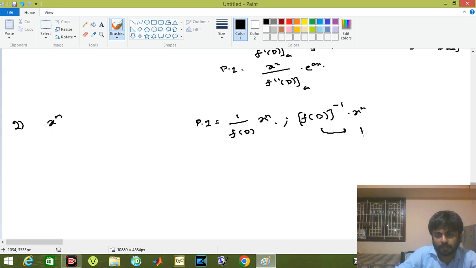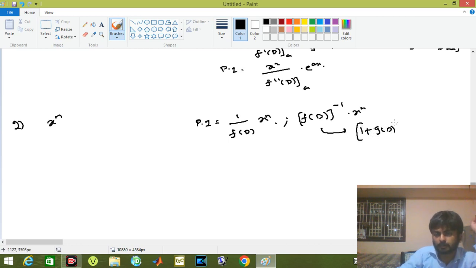This f of D should be 1 plus something, for example 1 plus powers of D, or 1 plus some more functions of D, 1 plus g of D. You have to take the least power outside.